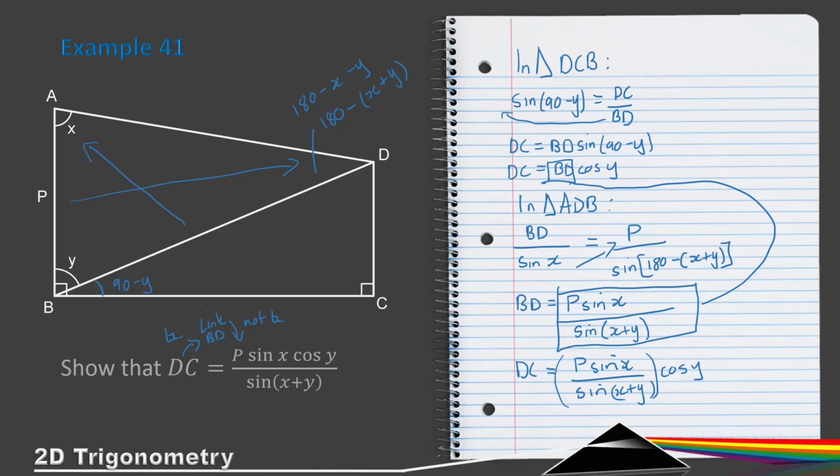So yes, there's our sine x cos y, so now we can just rewrite it in the correct formula. I'm just running out of space here, but DC is equal to P sine x cos y over sine x plus y. Right, and we're done.